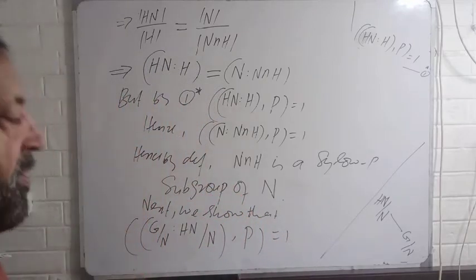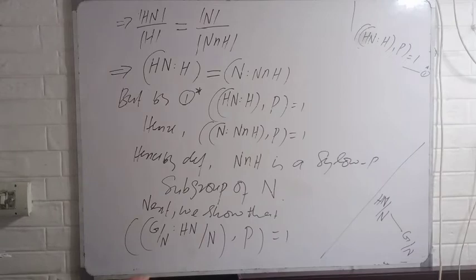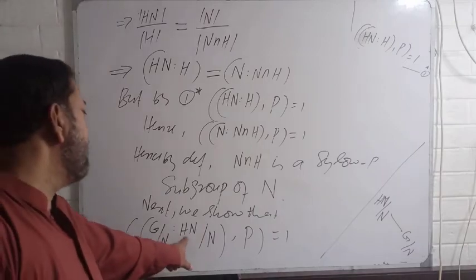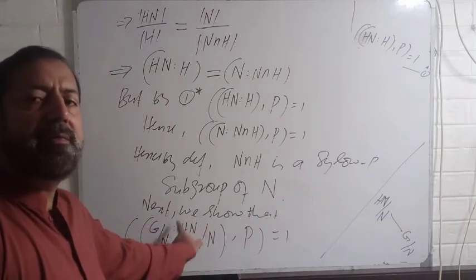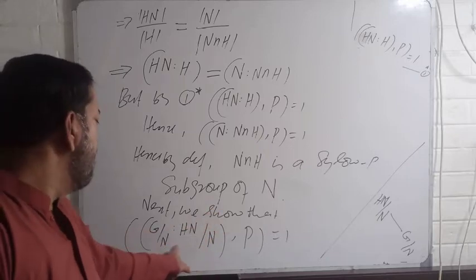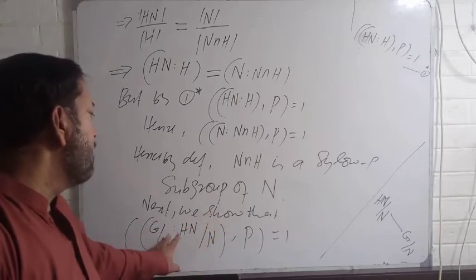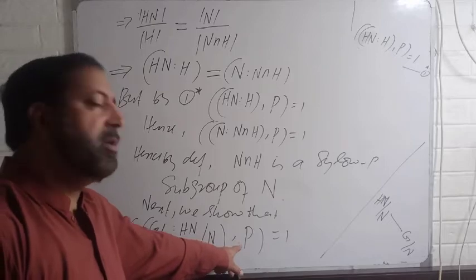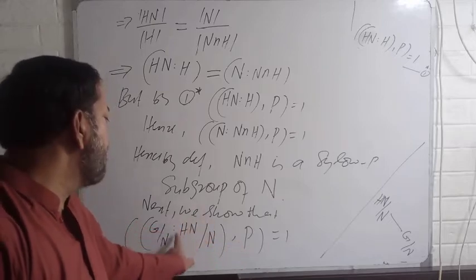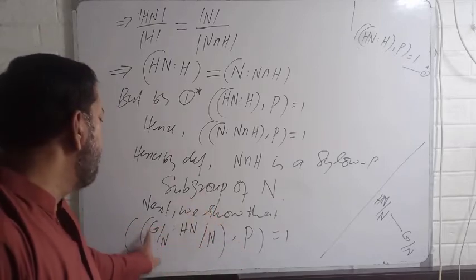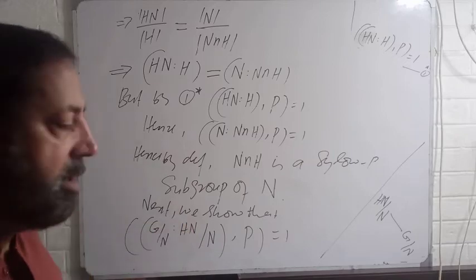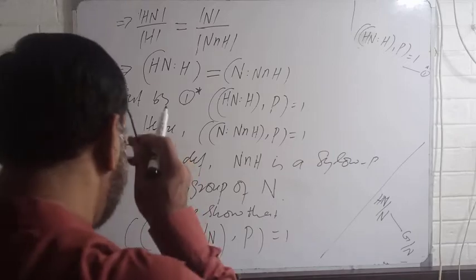Okay, similarly we want to show that the index of this factor group in this factor group is prime to P. Then of course by definition this would be a Sylow-p subgroup of G by N, right? So let's prove this now.